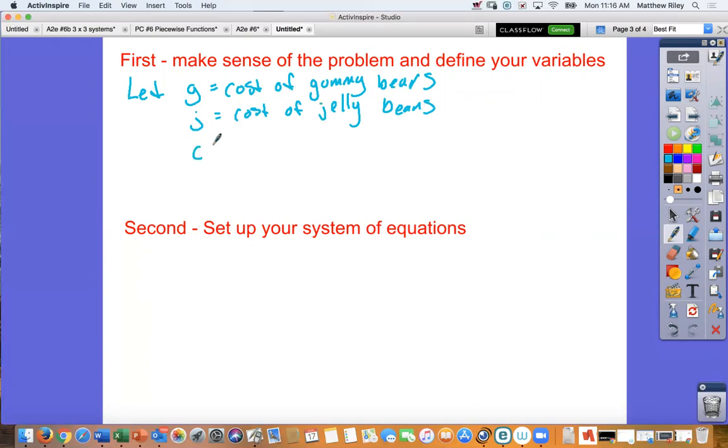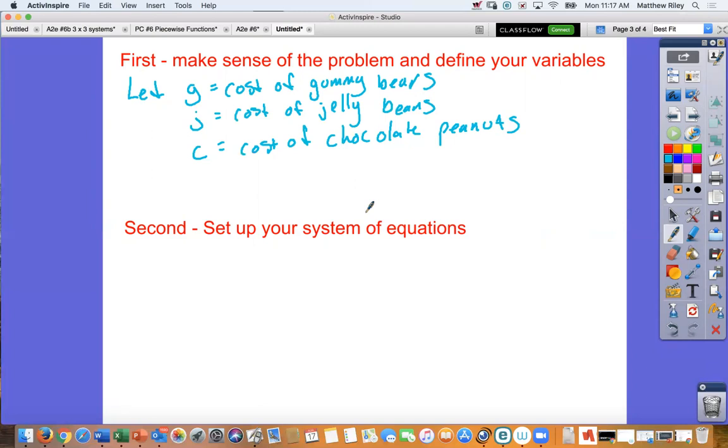Let C equal the chocolate peanuts. So the question helps you define your variables. How much does a pound of each one cost? We'll let G be the cost of gummy bears, J the cost of jelly beans, and C the cost of chocolate peanuts. You have to do this in every single one first. That's one of the most important steps.